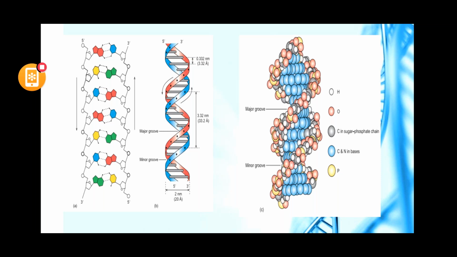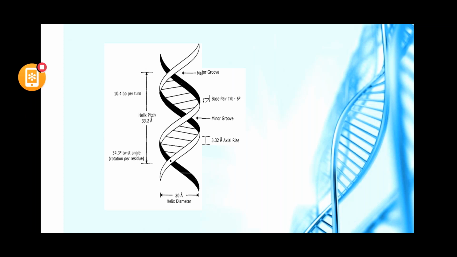Now this is a filled diagram of the structure of DNA. You can see the major groove and the minor groove and how they form. To make it clearer, I will show you the major groove formation and the minor groove formation. There is a tilt, called the base pair tilt, which is minus 6 degrees.